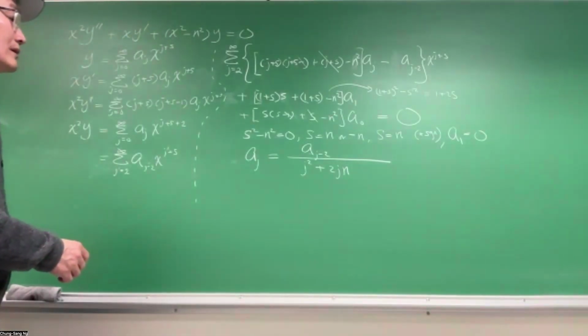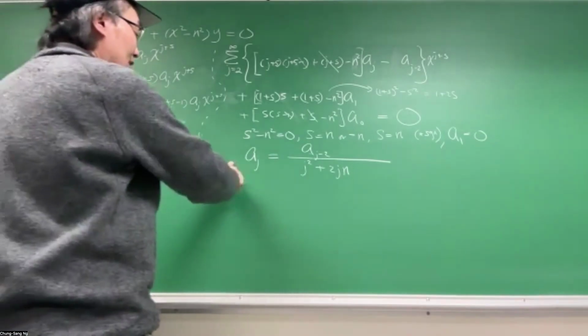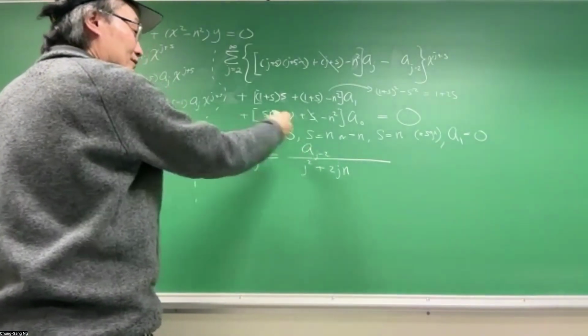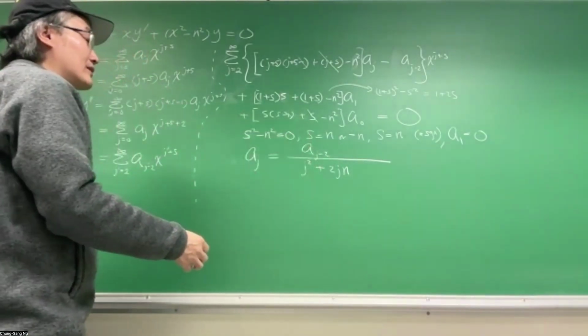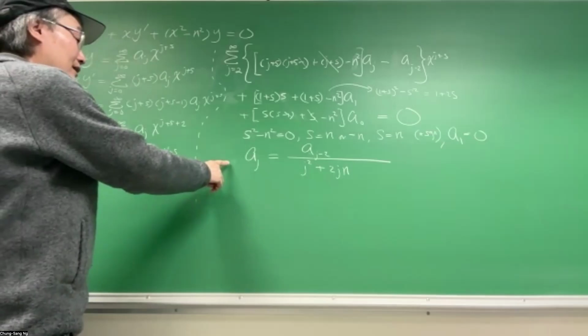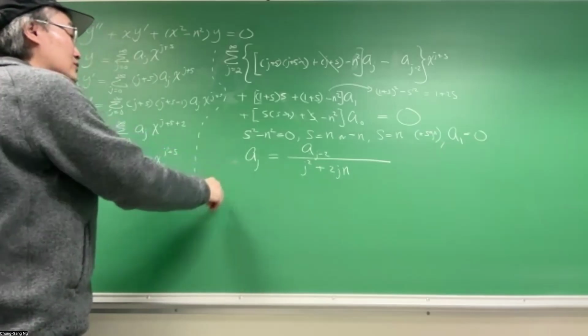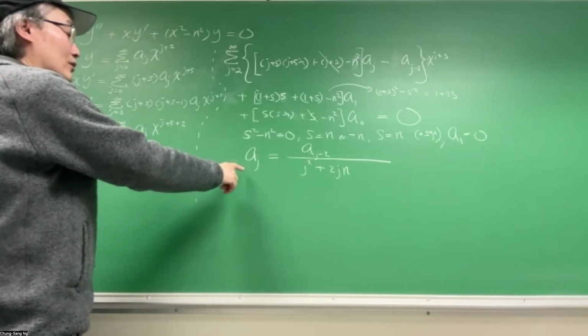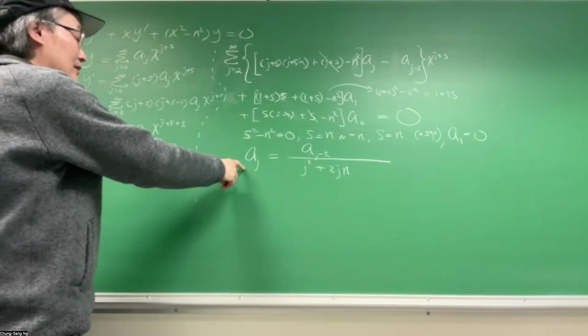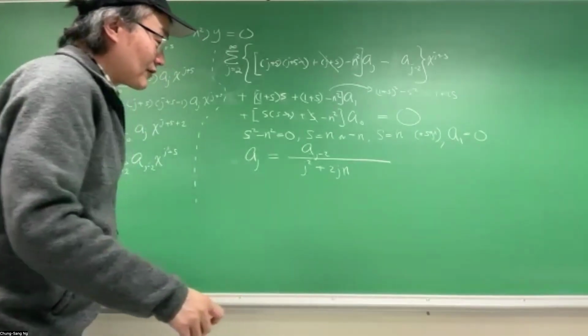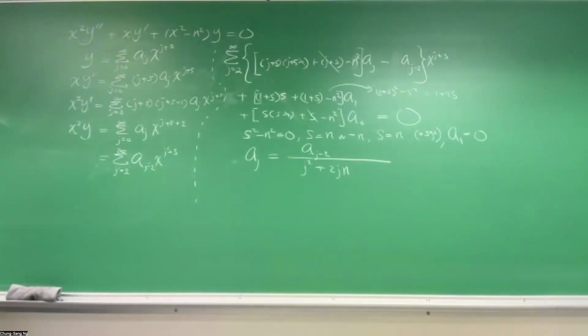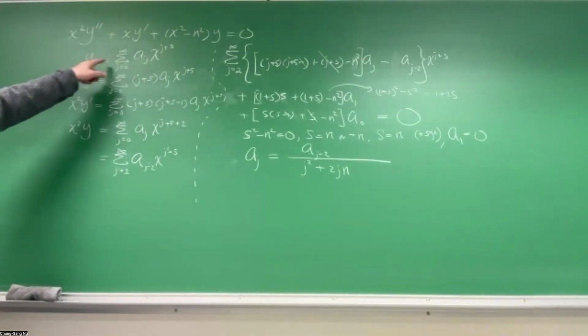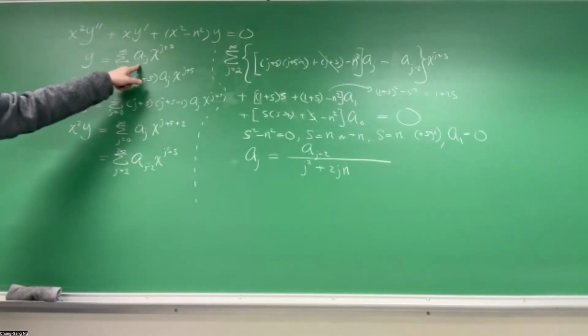Now, you can say this is the end of it. That gives you an algorithm to calculate that. But if you like, you can try to see if there is a closed form for the coefficient a sub j as a function of j, because that will allow you to write the series in a nice form.